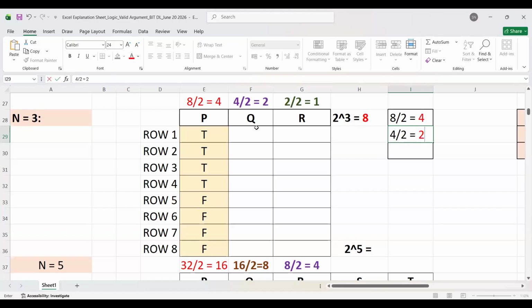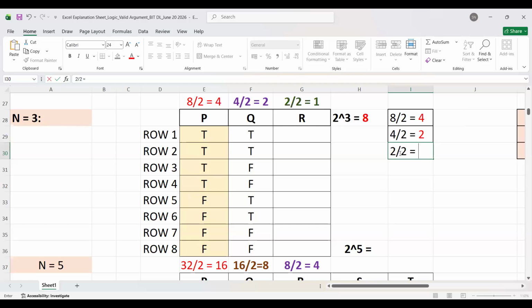Okay, so what will Q be? 2 true, 2 false. Okay, good. Then you repeat that order, 2 truths and 2 false. Exactly. Then the last one, R, we are going to pick the 2, which is the division of 4 divided by 2, and divide again by 2.